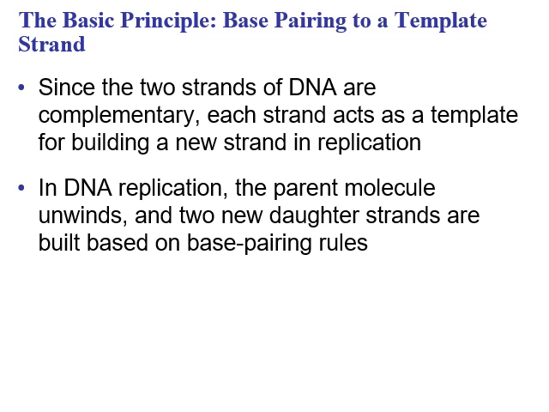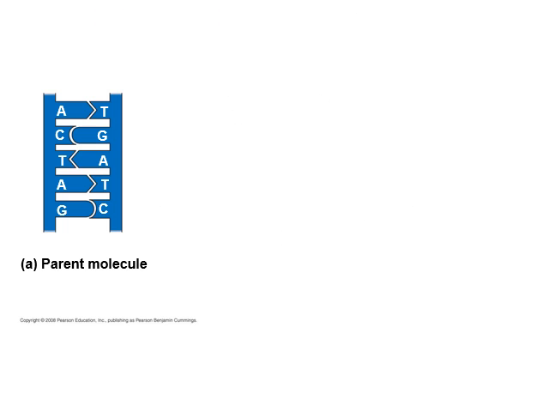Start off with the parent molecule. Copy is made. You now have two daughter strands. And how can those daughter strands be made so that nucleotide for nucleotide, they're the same as the original?